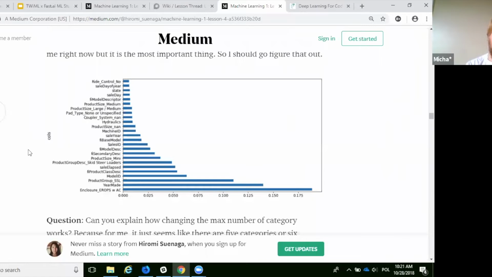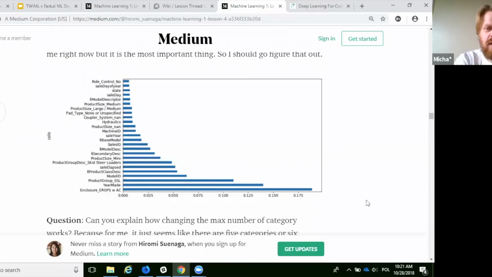And in this situation, he can look more closely at which enclosure has the most effect on our output. On that graph, we can see that enclosure aerobes with air conditioning, with AC, has the highest effect, even higher than year made, the previously highest variable.